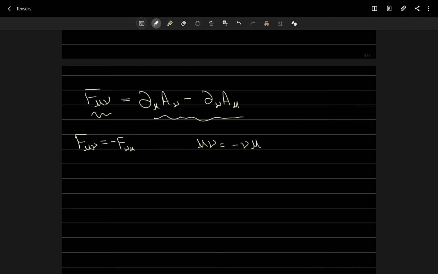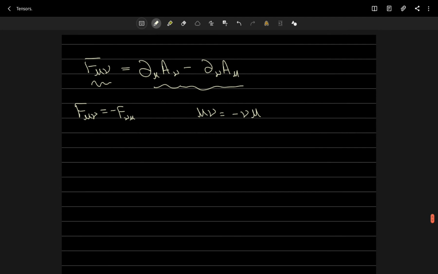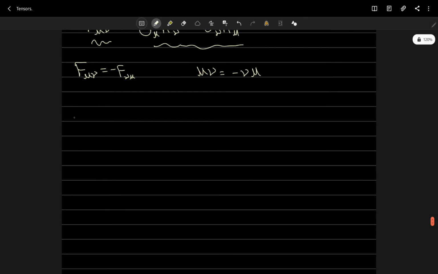Right, so to get more appreciation for the power of tensors, consider the very famous equations, Maxwell's equations. Let me write this down. What are Maxwell's equations?